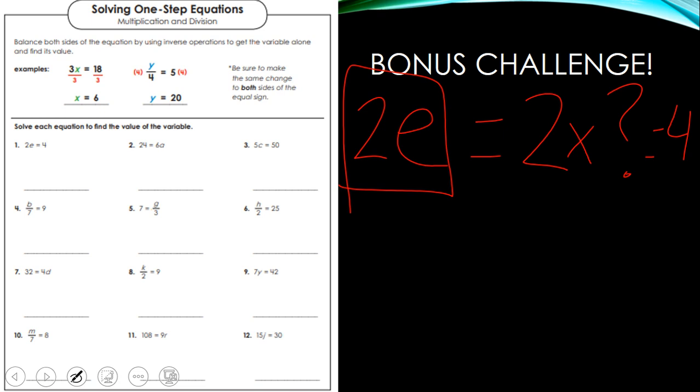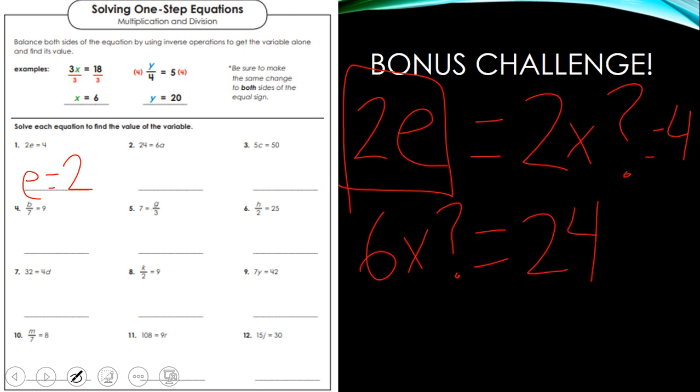So what number? So 2 times a number equals 4. What is that number? So obviously we know that e is going to be 2. So again, for 24, 6 times a number equals 24. So you need to put in what a equals, okay?